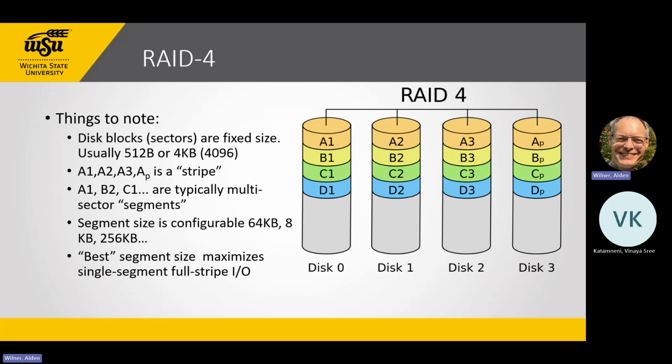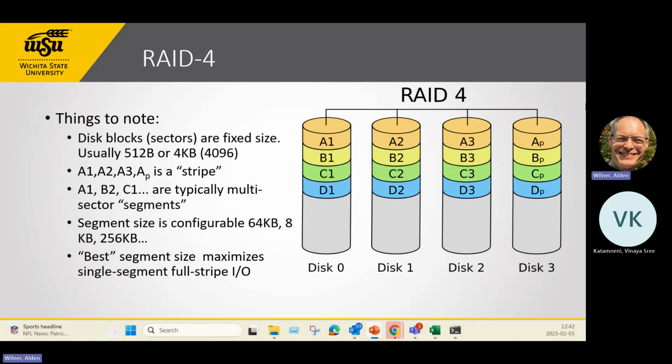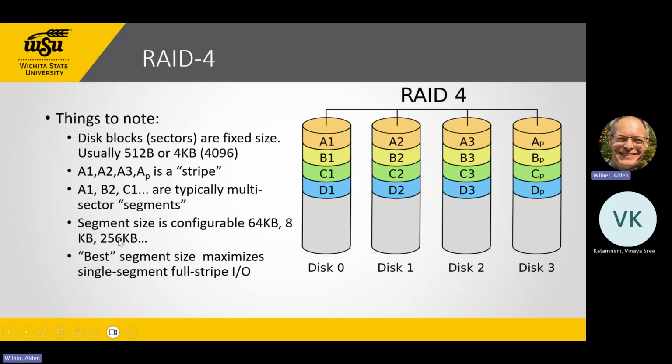If you do an I/O smaller than the stripe size, you have to do a partial stripe write. The stripe size is the number of data drives multiplied by the segment size. Your best segment size for your application maximizes the number of I/O operations that are single segment or full stripe I/Os.